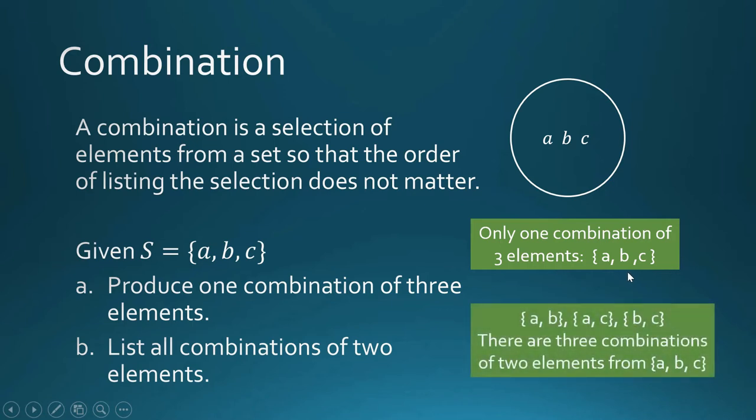How about this? List all combinations of 2 elements from this set. Well, it can be AB, it can be AC, and it can be BC. These are the only combinations of 2 elements that can be chosen from a set containing 3 elements.